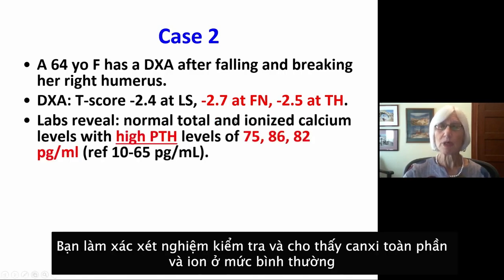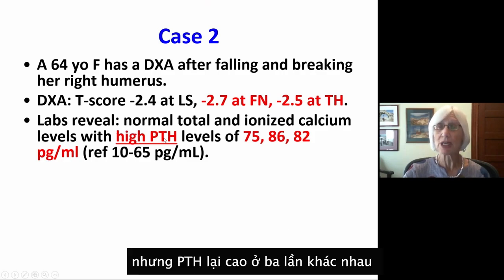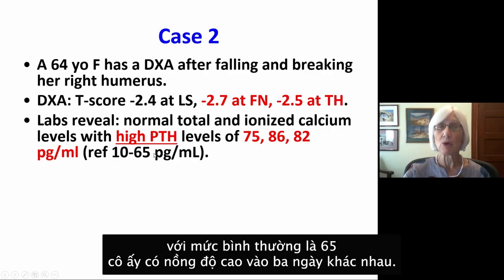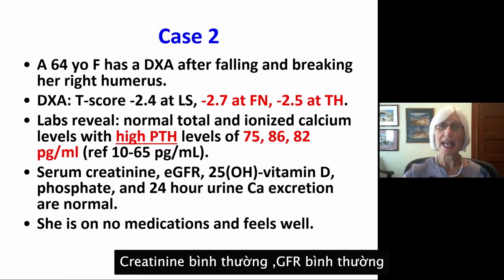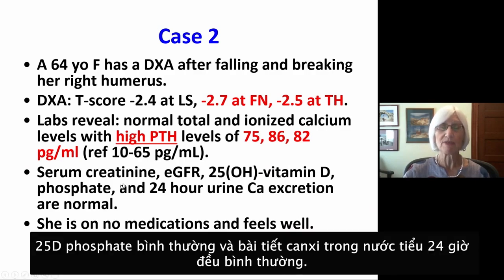You do a workup which shows her total and ionized calcium levels are normal, but PTH comes back on 3 different occasions high. With normal up to 65, she has high levels on 3 different days. Her creatinine is normal, GFR is normal, 25D, phosphate, and 24-hour urine calcium excretions are all normal.